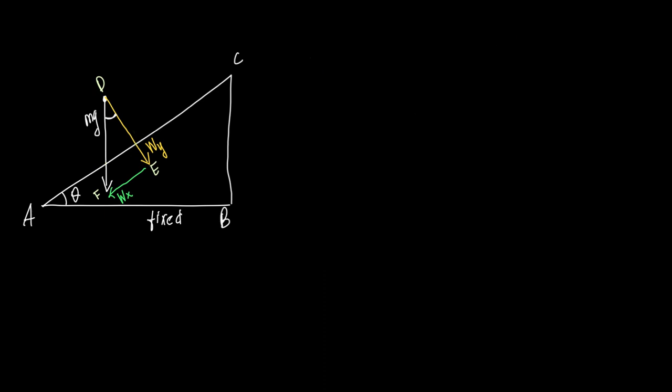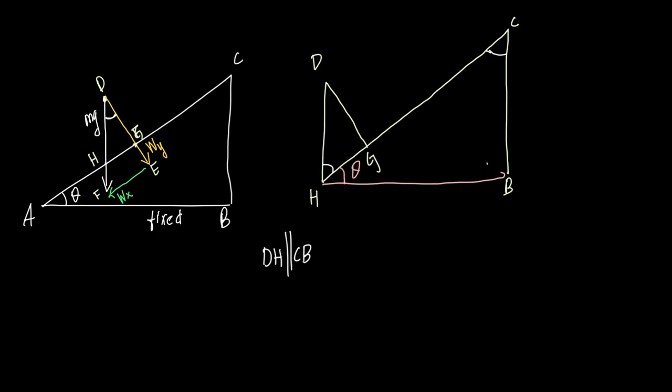So if this angle of inclination was theta, this is 90 degrees by the triangle sum property, this is 90 minus theta, and being alternate interior angles, this angle will also be equal to 90 minus theta. Now the Wy component is at 90 degrees to the surface, which means this angle here is 90 degrees. So if this is 90 and this is 90 minus theta, then the only possible value for this angle is theta.